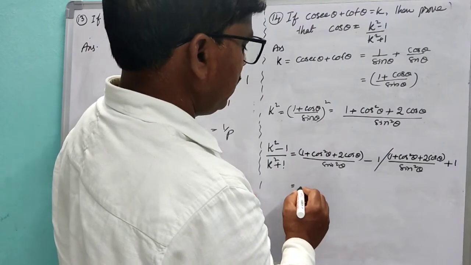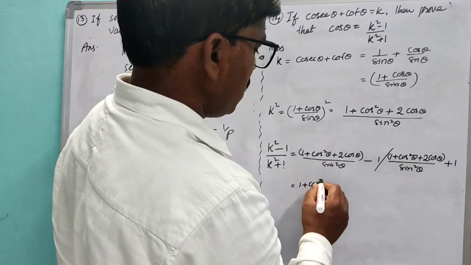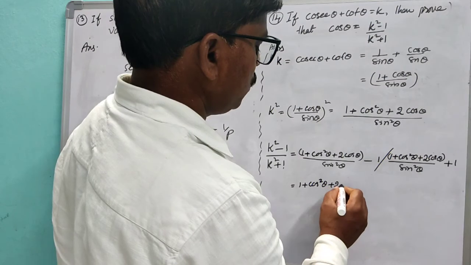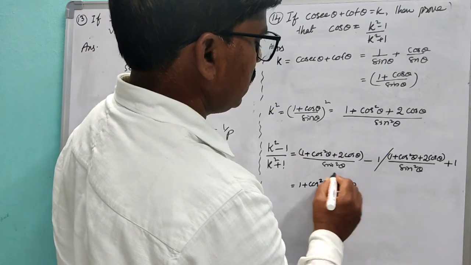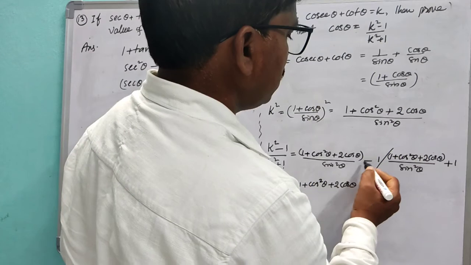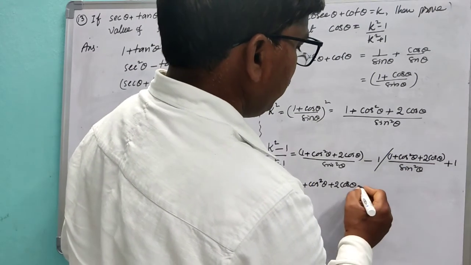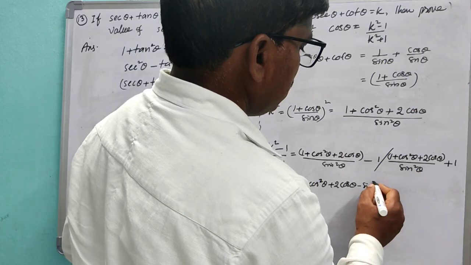Here the denominator is sin square theta, so we can write sin square theta by sin square theta.